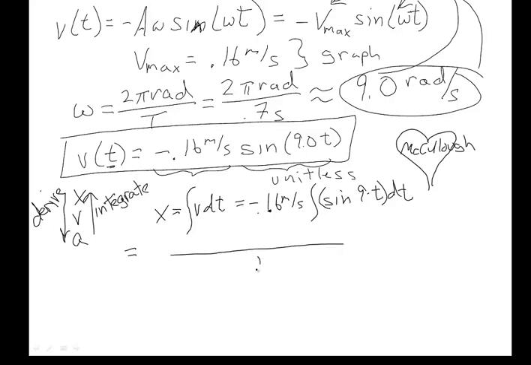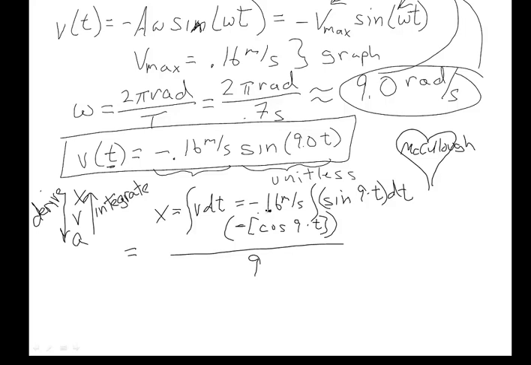As we integrate this, remember we take the constant in front of the t, and that goes in the denominator. The constant in front of the integral remains negative 0.16, and when we integrate, we get a negative cosine of 9 times t.